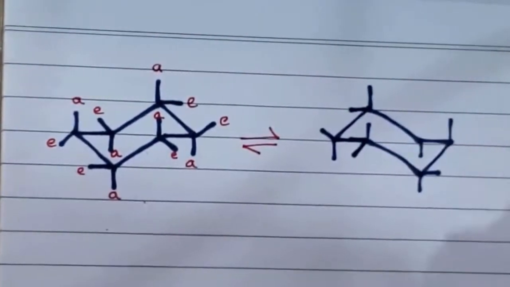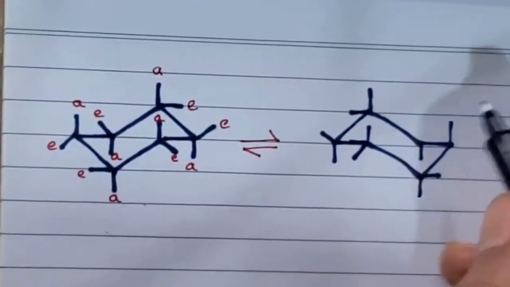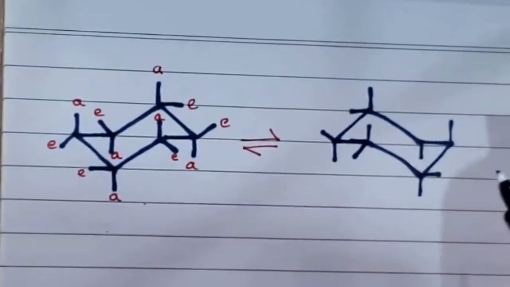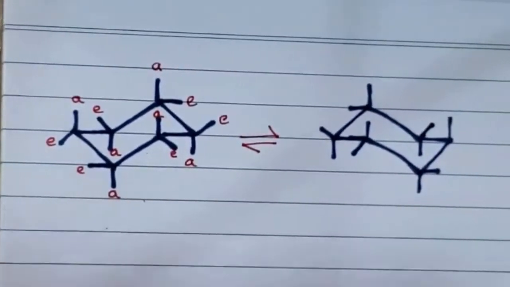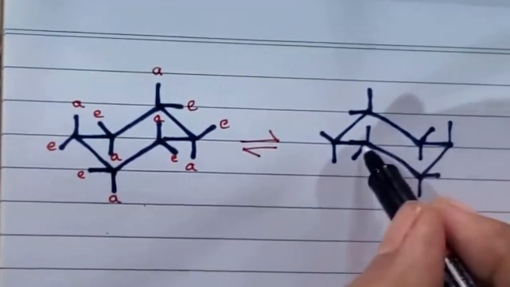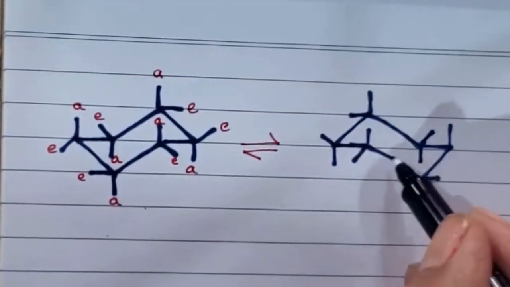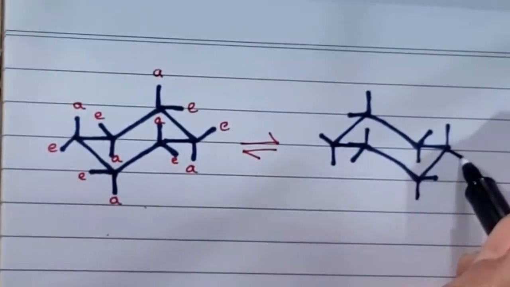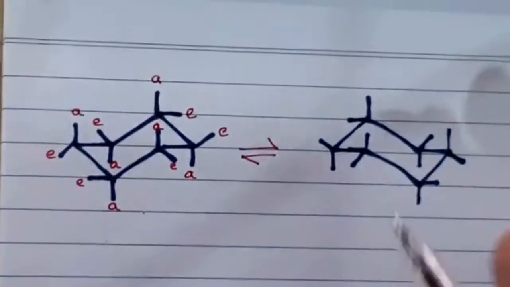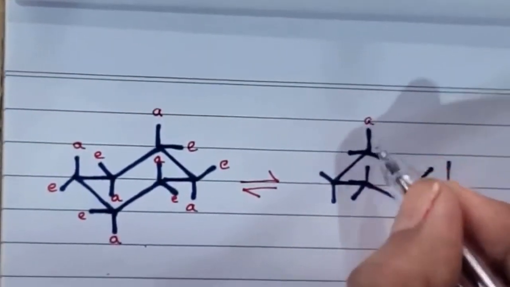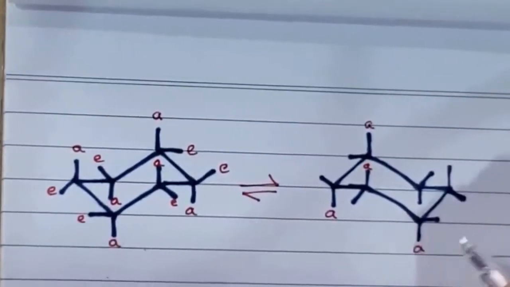These two also will have same configuration. These bonds are present already. This is also present. Only remaining over here is this parallel bond. These two carbon atoms will be compared afterwards. This bond is just missing, so it is drawn. So in this way we can draw the axial bonds on this particular chair.